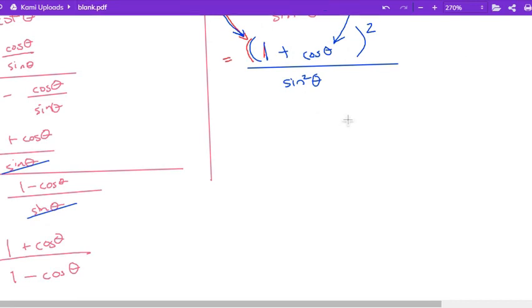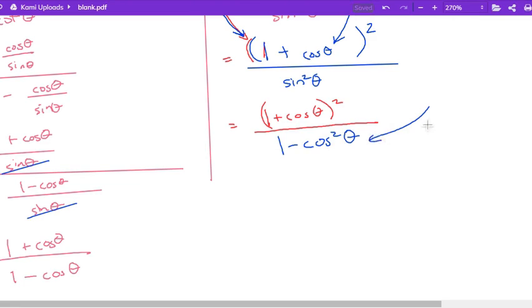So now I'm going to jump over to the right side. What can I do with sine squared? Good. I can change it into 1 minus cos squared theta. So I've got 1 plus cos theta all squared. In the denominator, I change it to 1 minus cos squared theta because I'm going to use a factoring method called the difference of squares.